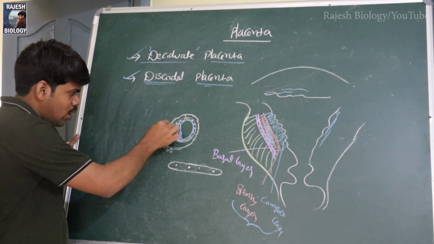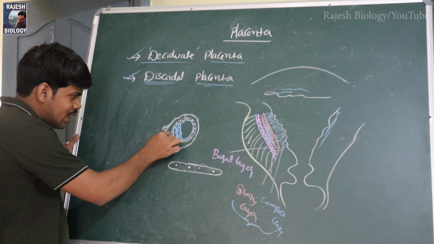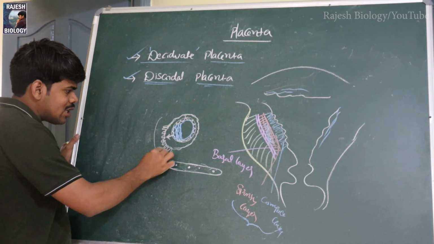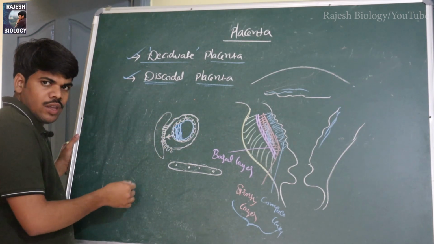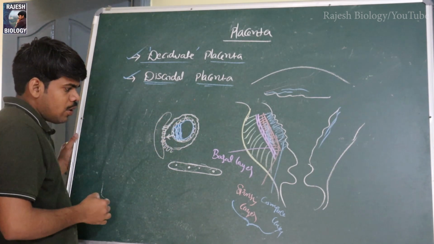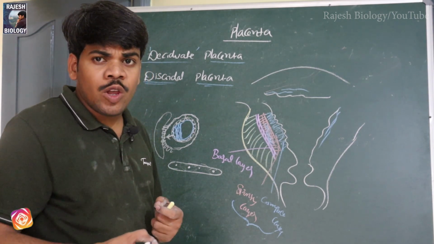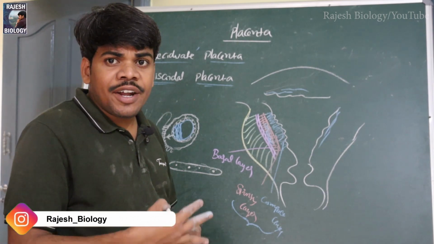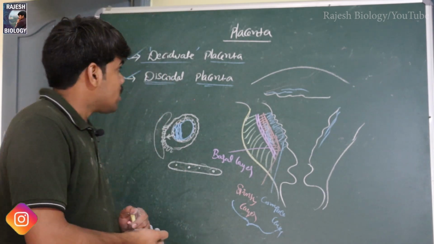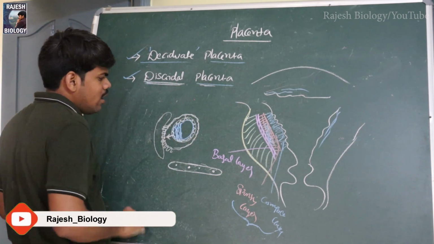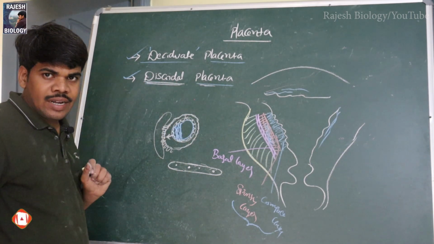The placenta is formed only on the dorsal side of the embryonic disc, so it is called discoidal placenta. Is it clear?